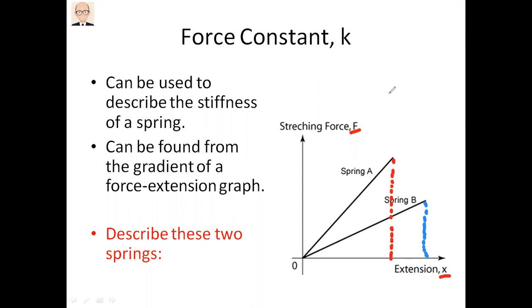So that means the spring constant of spring A will be greater than the spring constant of spring B. So we can write Ka is greater than Kb. Why? Because spring A has greater gradient. The line is steeper than spring B.